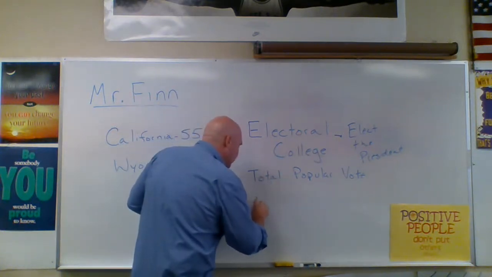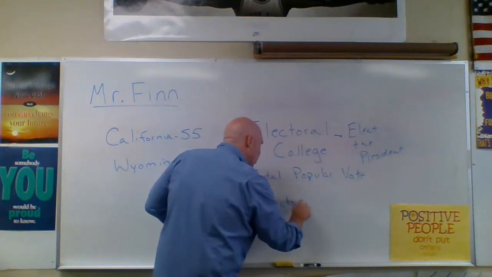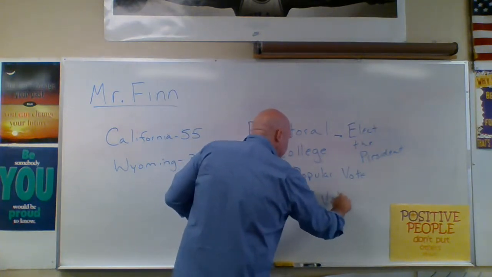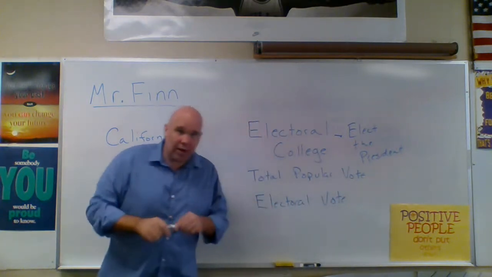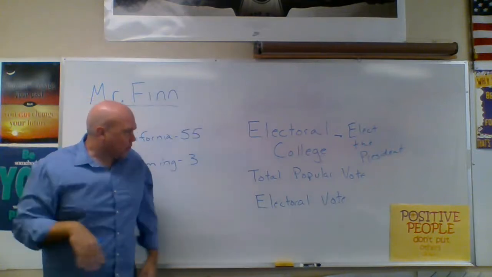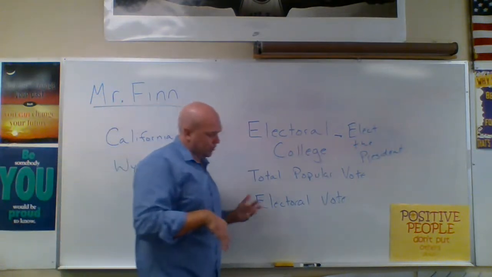That would have been the category that you see from the election. The other one is going to be the electoral vote. Now, how does this work? Well, like I said, my vote, anyone's vote that you know, our vote gets counted in this total popular vote.